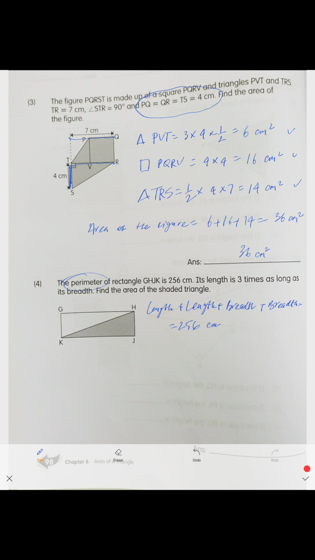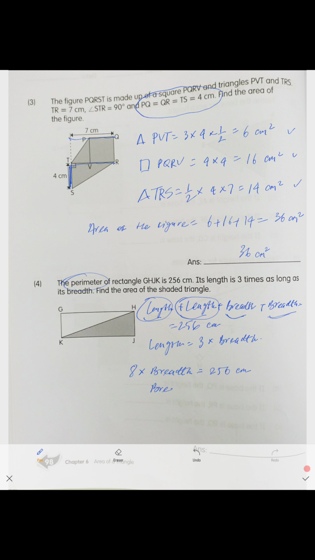Now the second one, they tell us that length is 3 times our breadth. So this is 3 breadths, plus 1 plus 1. How many total? 3 plus 3 plus 1 plus 1, 8 breadths. 8 times breadth is 256 centimeters.